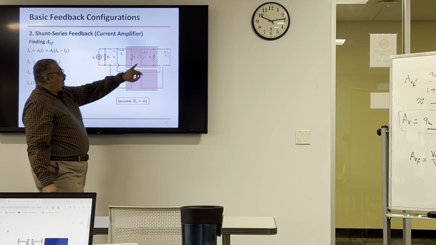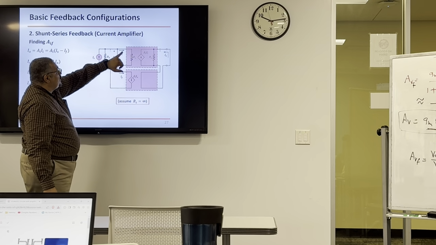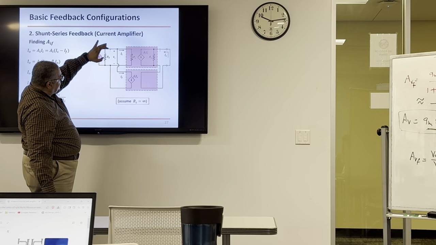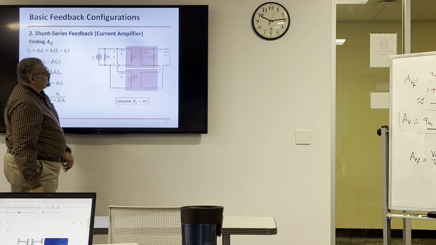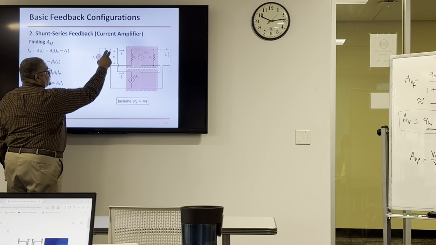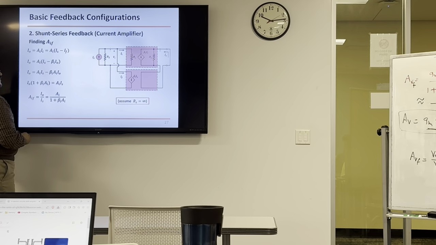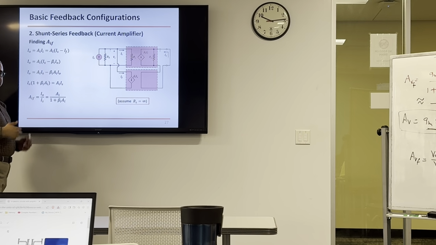Now, what's II, the input current? Well, the input current is this one, which comes from the subtraction of this current minus the current that's taken to the feedback network, or comes from the feedback network. So II is IS minus IF. And here we assume just RS is very large, just for the sake of simplicity, okay?